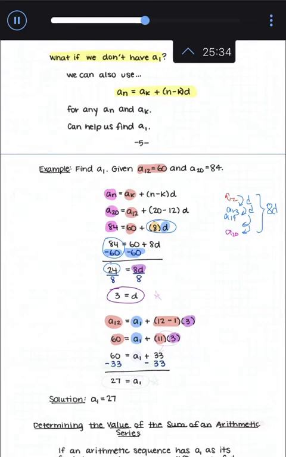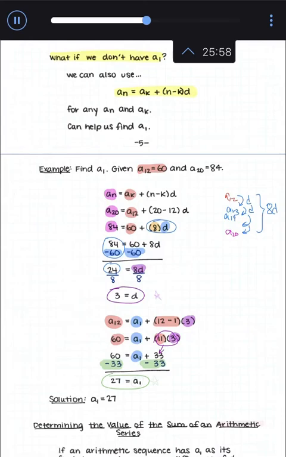Well, 11 times 3 would actually be 33. So solving this for our first term, a sub 1, we'll subtract the 33 from both sides to get a1 by itself, which will give us a1, or first term value, of 27.